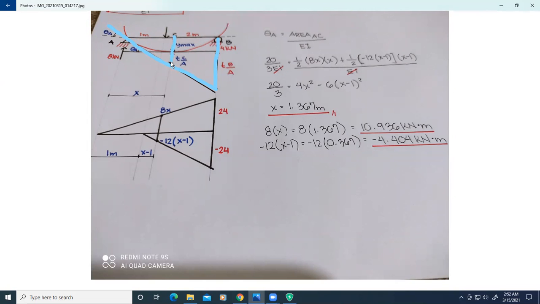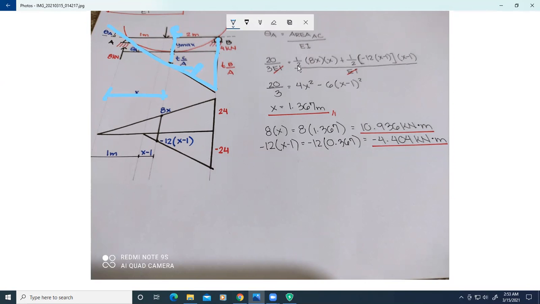So we need to solve first for the deviation from A to C. Wait, before solving the deviation from A to C, we need first to solve the distance from A to C. I indicated C here. I assume that's point C.